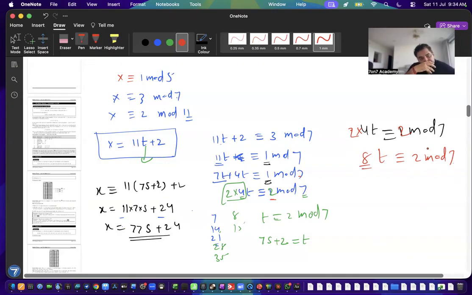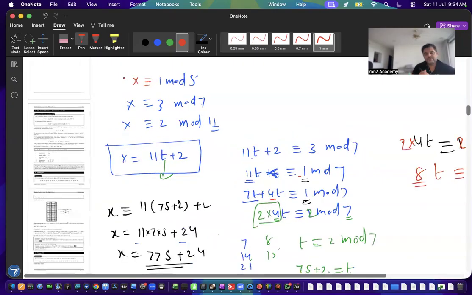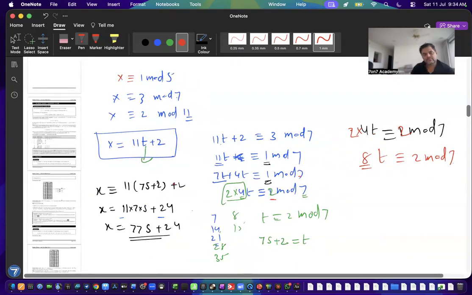Now, if I replace this here, what will I get? It's 11t plus 2 equals 77s plus 24.